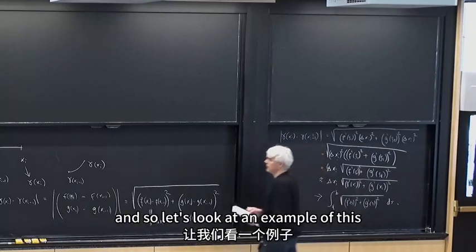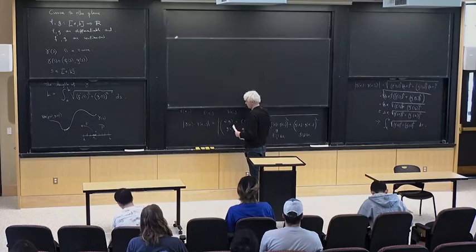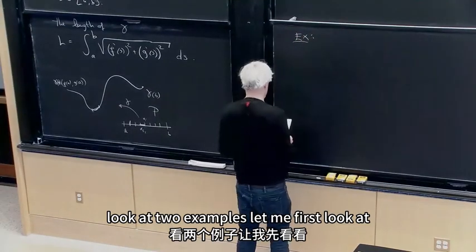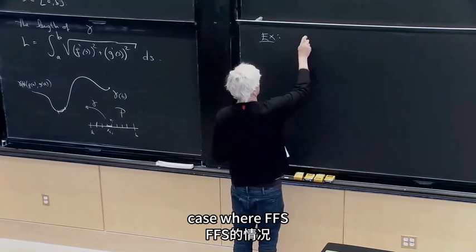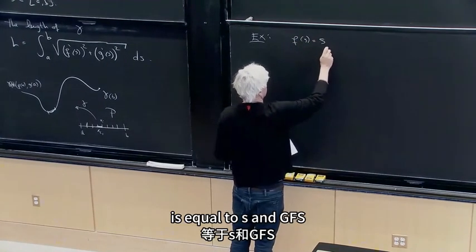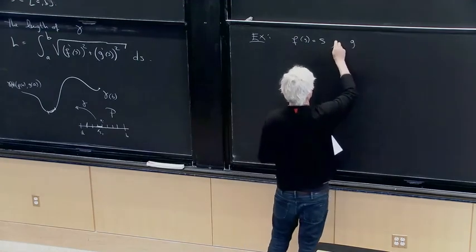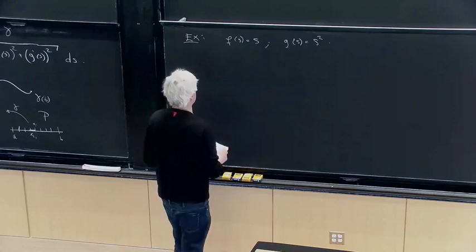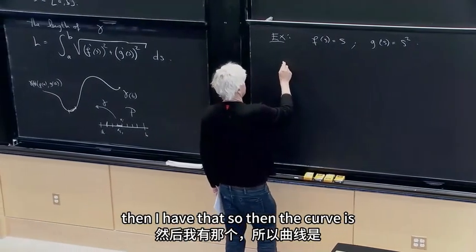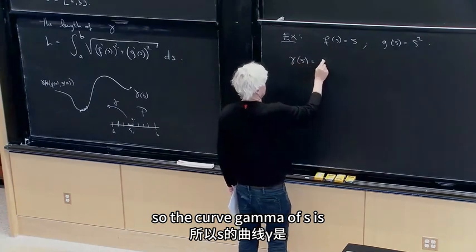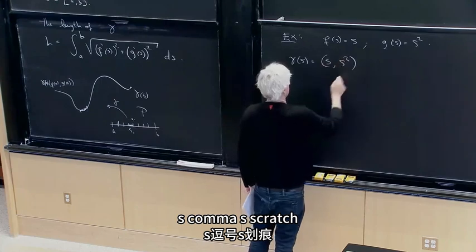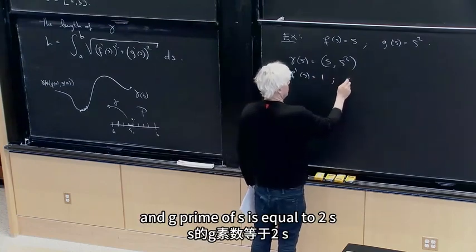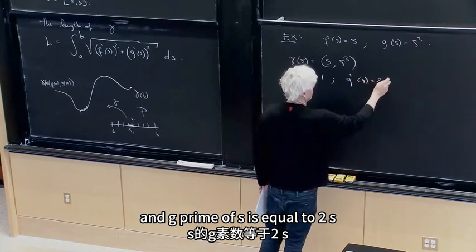And so let's look at two examples. Let me first look at the case where f of s is equal to s and g of s is equal to s squared. Then the curve gamma of s is s comma s squared, and f prime of s is equal to 1, and g prime of s is equal to 2s.